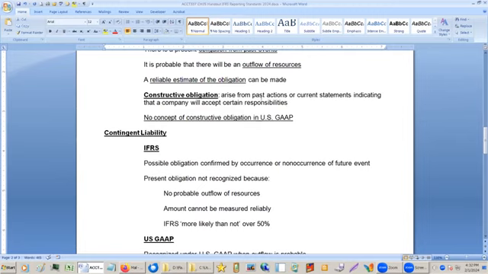Constructive obligation arises from past actions or current statements indicating the company will accept responsibilities. This is something that U.S. companies don't do. U.S. companies will say, look, if you put that on the books, then the plaintiff is going to say, hey, look, they know that they were wrong because they put it, even right in their books, that they are going to owe us whatever amount of money.